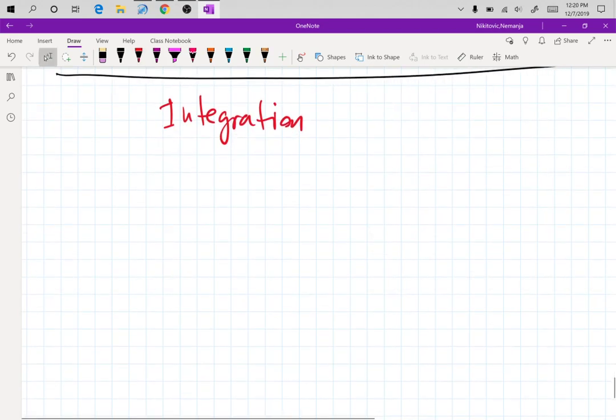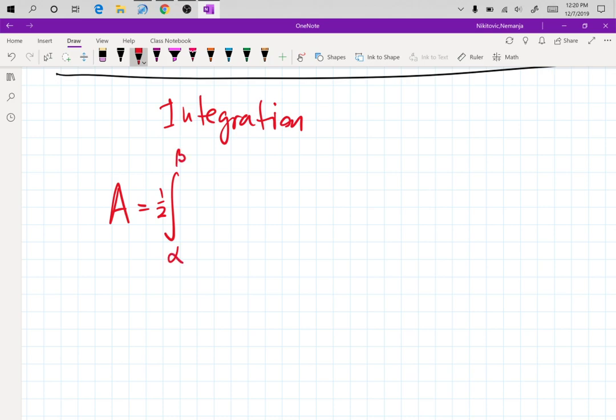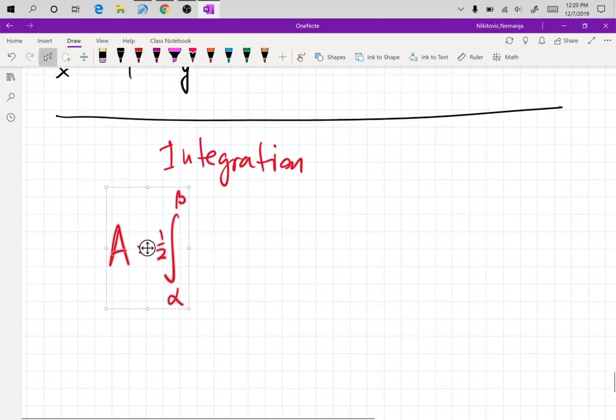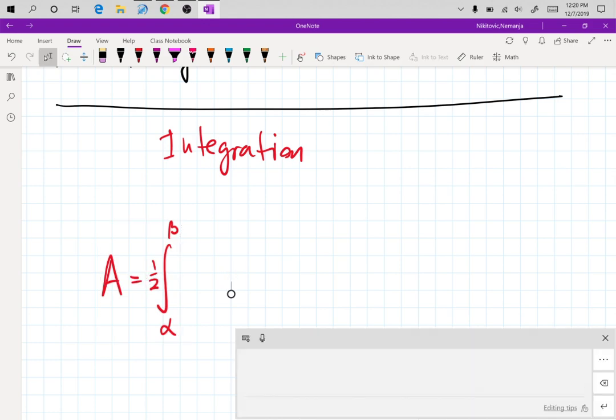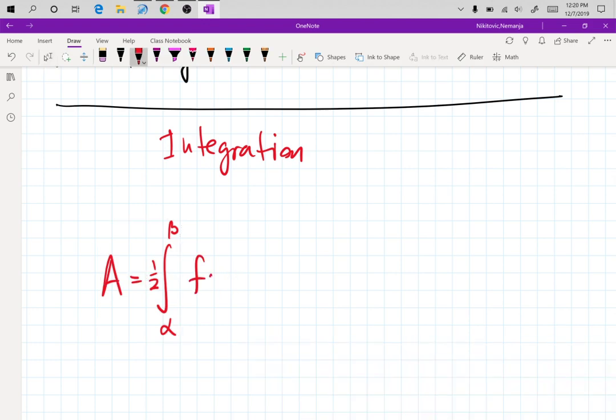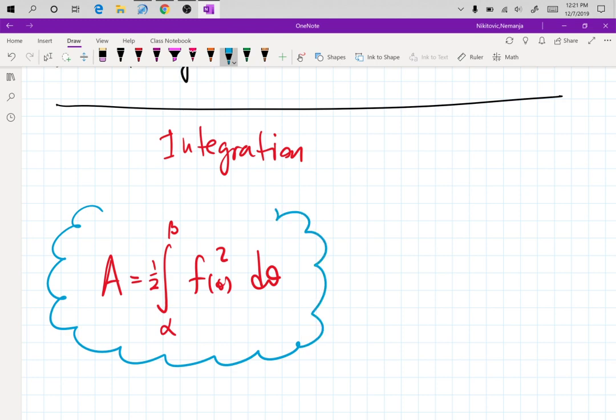So for integration, to find area we'll have 1/2 integral from alpha to beta, because those are angles now. We don't have a and b. We have alpha and beta because we are dealing with angles. And now we have f of theta squared d theta. So this is the integral that we are dealing with in polar coordinates to find the area.